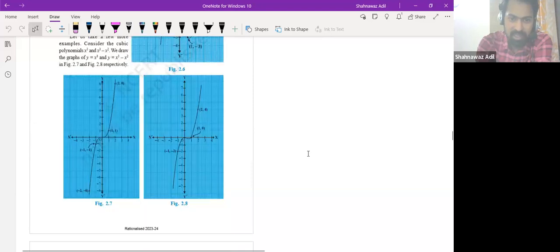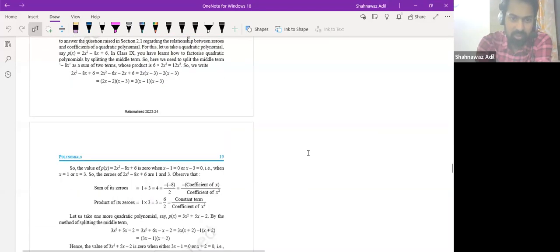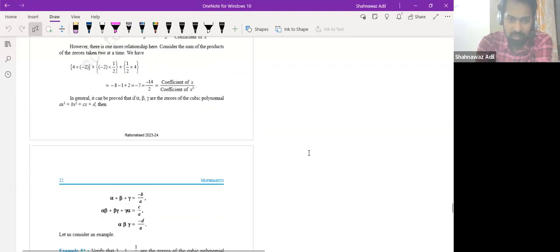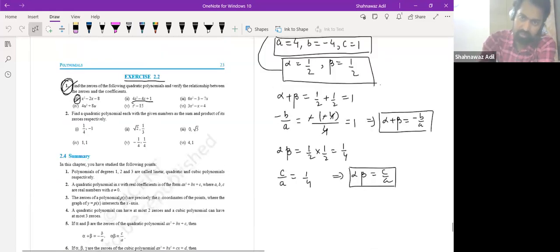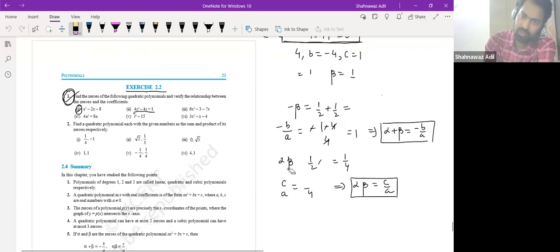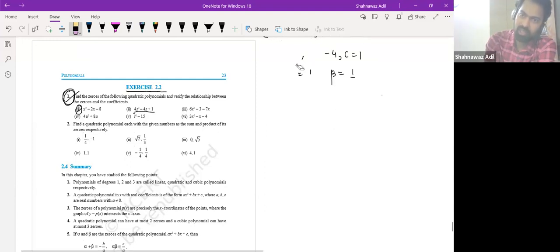First exercise doesn't have any meaning, right? Which question? I have a doubt from the quadratic equation chapter. Oh, quadratic equation. That we also can do, right?